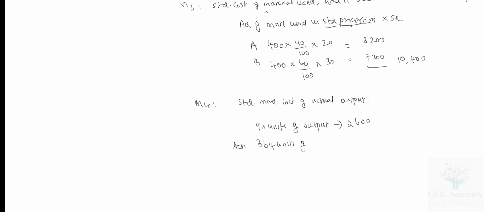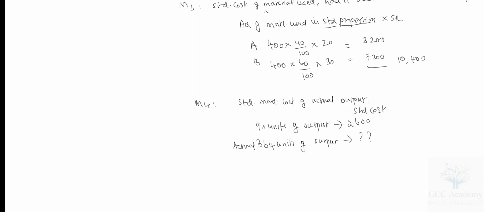what should be the standard cost? Now very, very important, dear students, very easy actually, carefully observe this. My standard data tells that for 100 units of input and 90 units of output, I spend 2600 on materials.